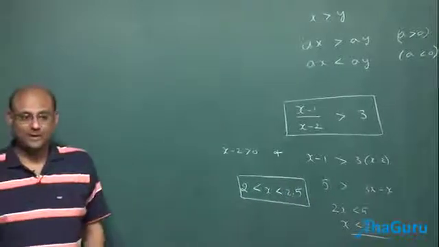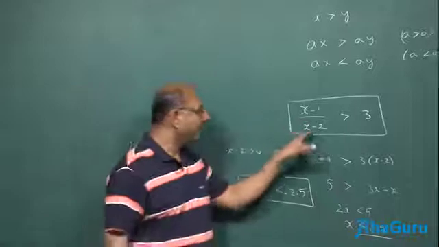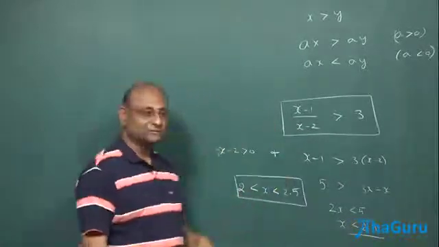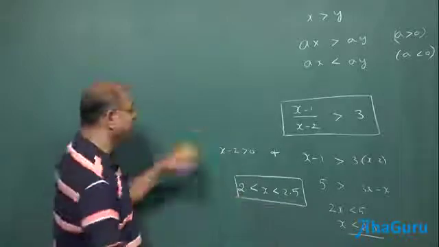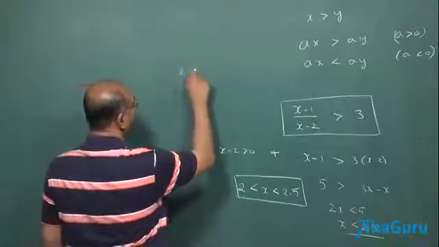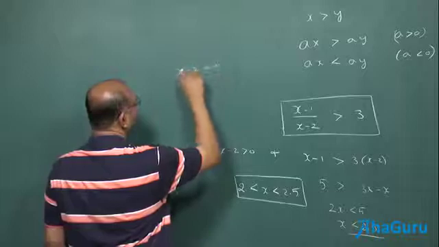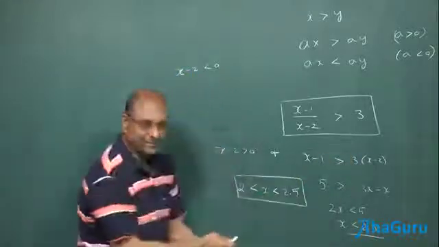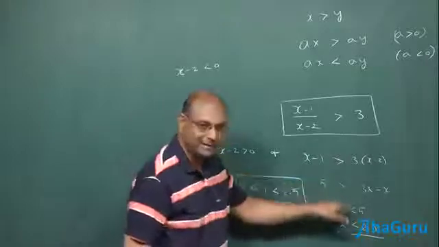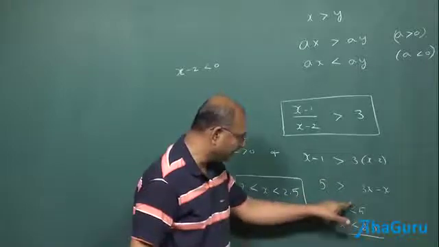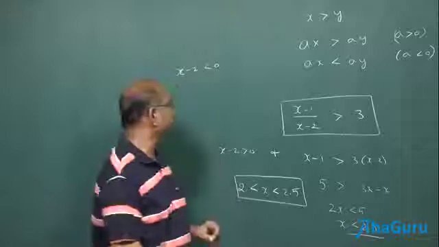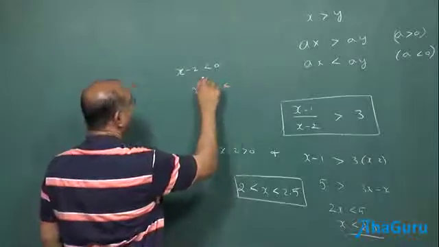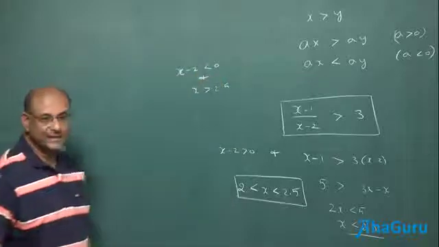Is that the only possibility? I could have said let x minus 2 be negative, because you will get another condition. So this gives you one condition. The second condition is let x minus 2 be less than 0, in which case this inequality needs to be flipped, so this sign will be basically that way. That means x has to be greater than 2.5 and x must be less than 2.